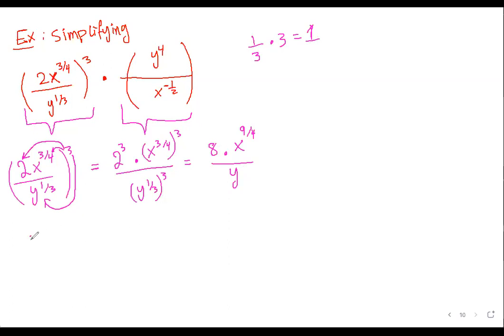For the second part, y to the 4 over x to the minus half. I think it's simple already, but I can simplify this more. How? I can move this y up. How can I move this variable up? What do I have to do?